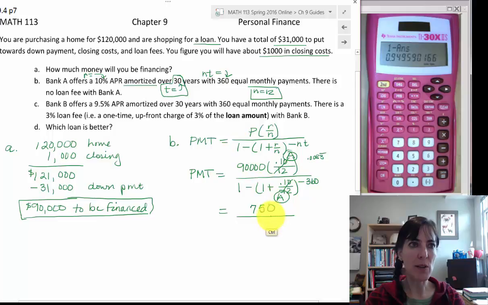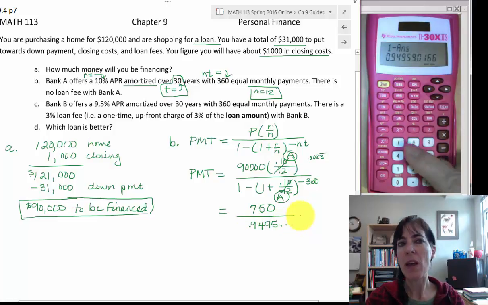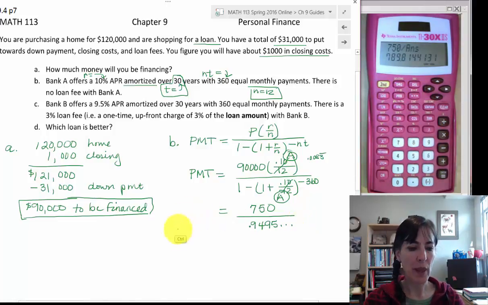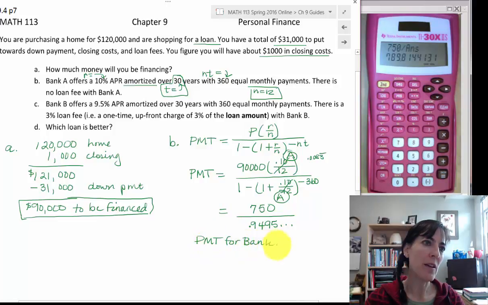So now I have 750 divided by 0.9495 on and on. And so I will do 750 divided by answer. And I get a payment for Bank A is $789.81.